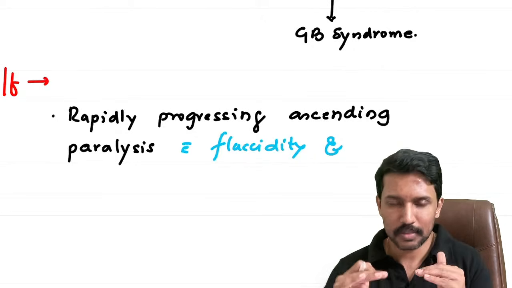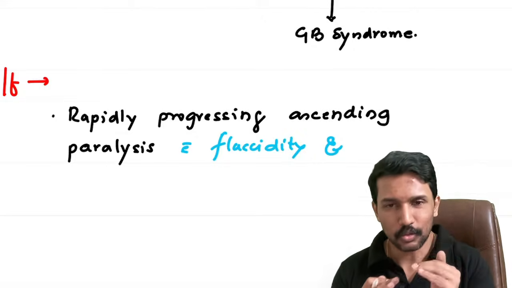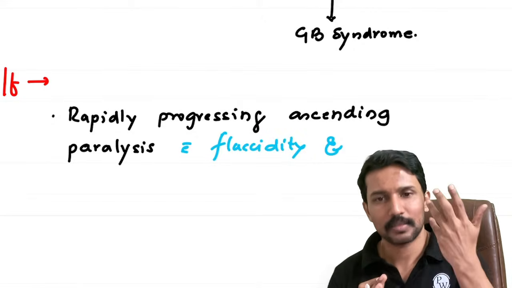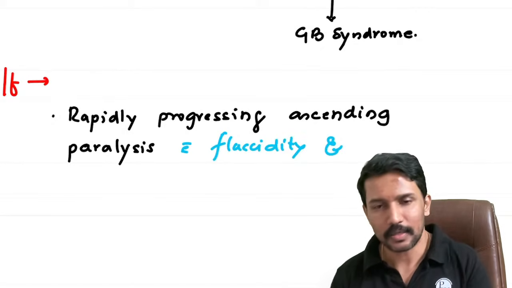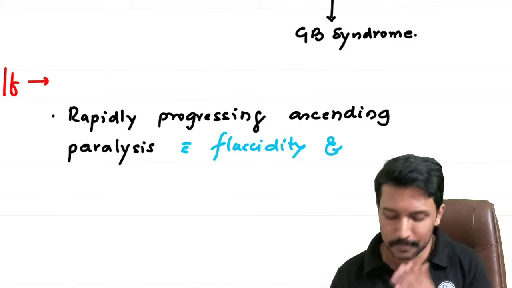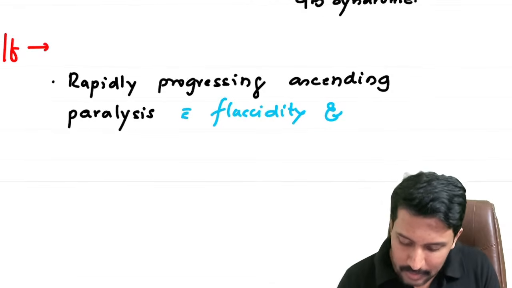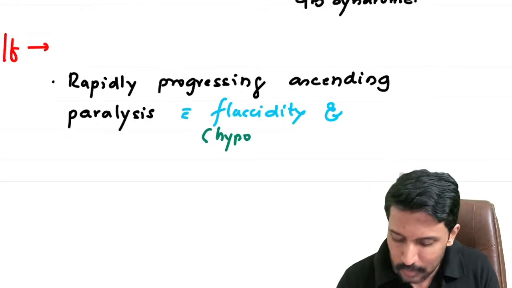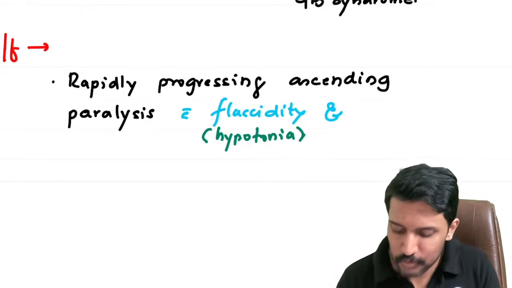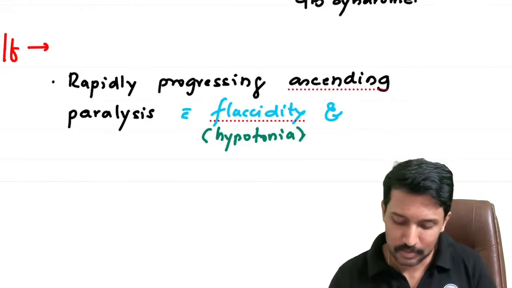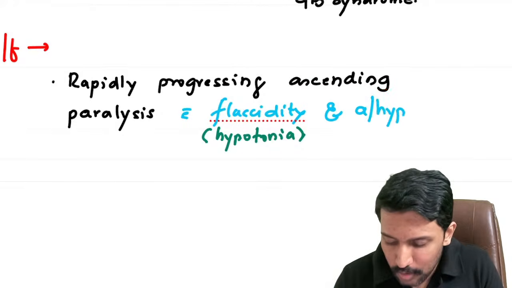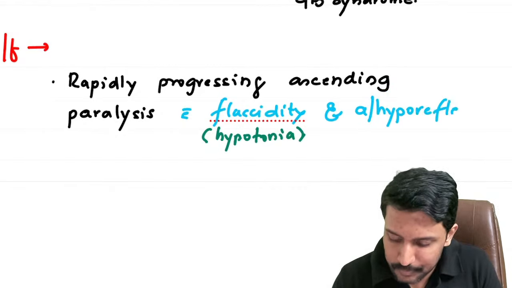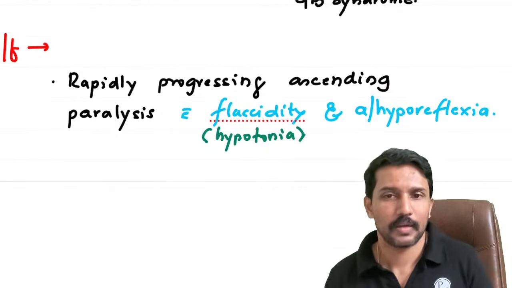When UMN is damaged, everything goes up: tone increases, reflexes increase. When LMN is damaged, everything goes down: tone decreases, reflexes decrease. So flaccidity is nothing but decreased tone, hypotonia, and reflexes will also decrease, or they may even become absent. So we'll label it as areflexia or hyporeflexia.